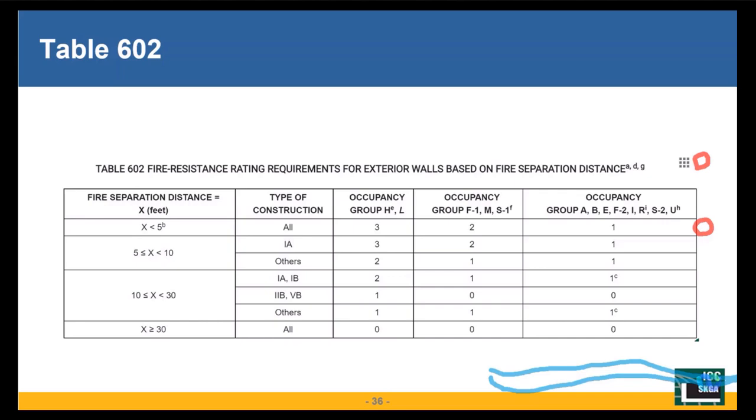So again, it's critical to understand the rationale behind this table so you can apply it correctly. There are additional criteria required for exterior walls. They're found in section 704.10 and 705, and that will be covered in chapter 7 webinar.